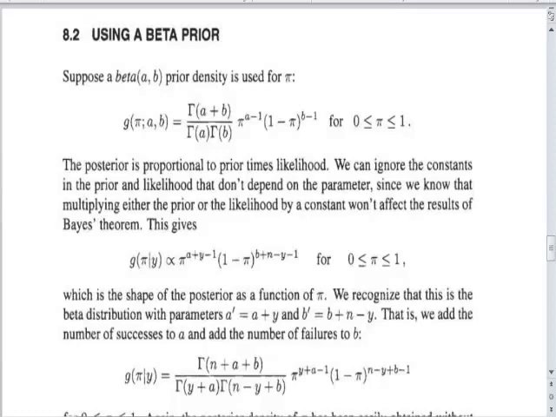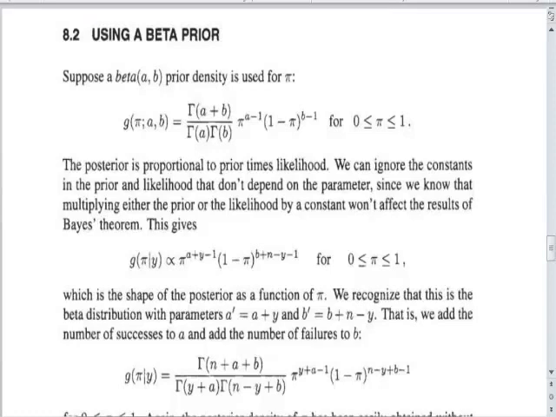So here's the prior. One of the special cases of this prior is that A equals 1 and B equals 1, which is the uniform prior. So then you have flat, all possibilities of pi are equally likely. So that's one special case. We will look at that, and we'll look at the general case also.